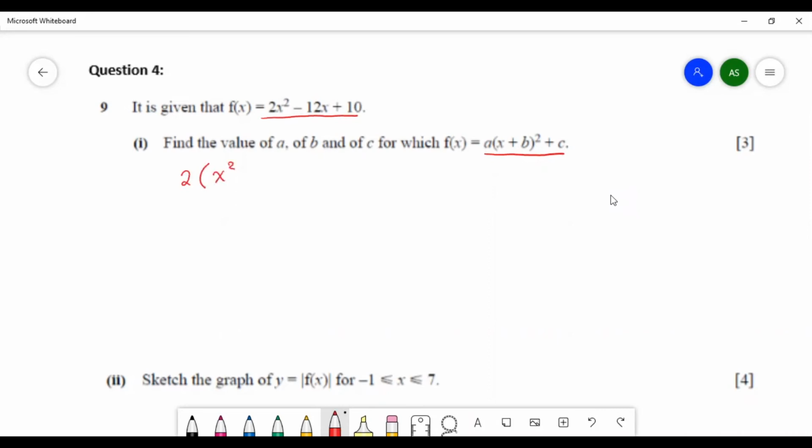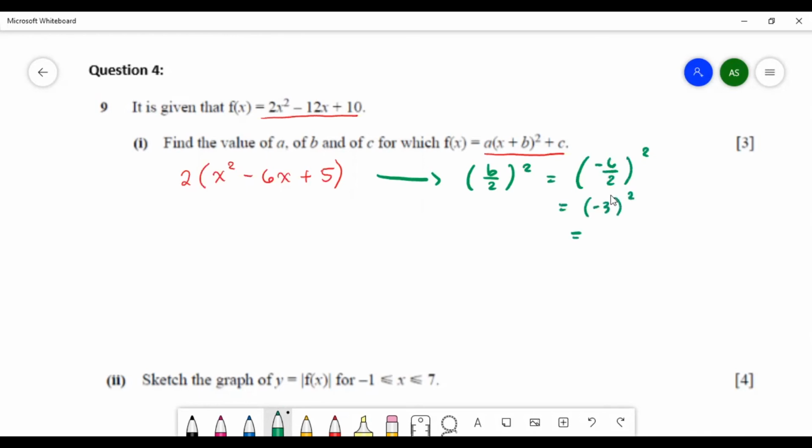So that will give us 2 bracket x squared minus 6x plus 5. And remember, the value that we're going to add or subtract to your function is b over 2 squared. So in this case, this is negative 6 over 2 squared, so that will give us negative 3 squared.